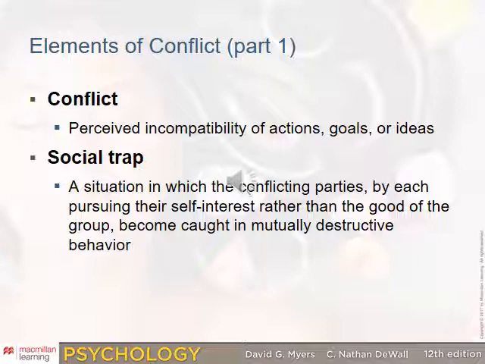A social trap is a little bit different from that. It is a situation in which conflicting partners, by each pursuing their self interest rather than the good of the group, become caught in mutually destructive behavior. I have an example here. Individual fish trawlers reasoned that the fish they took would not threaten the species, and that if they didn't take them, others would anyway.